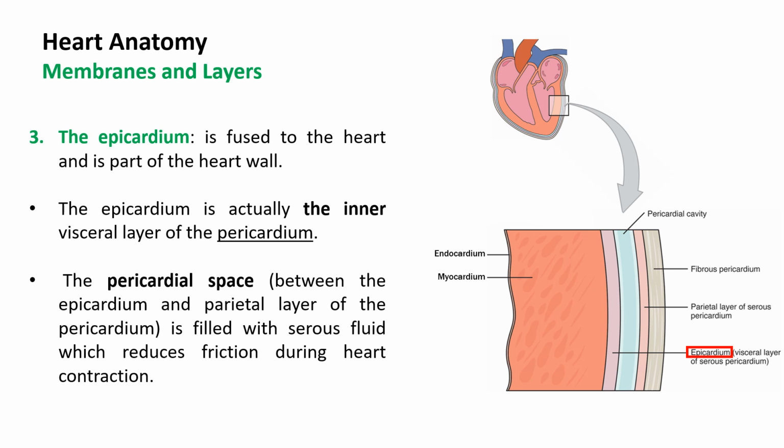I used the analogy of having a fruit like a watermelon and having two plastic bags around it. The first plastic bag is the one that is actually touching the watermelon; that's what we call the visceral layer. And the second, outermost layer is what we call the parietal.